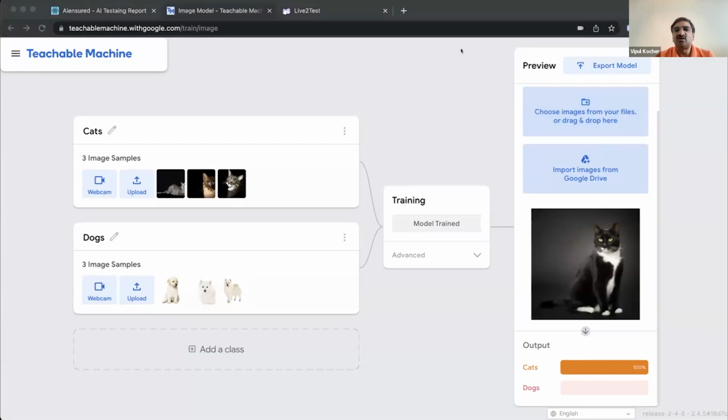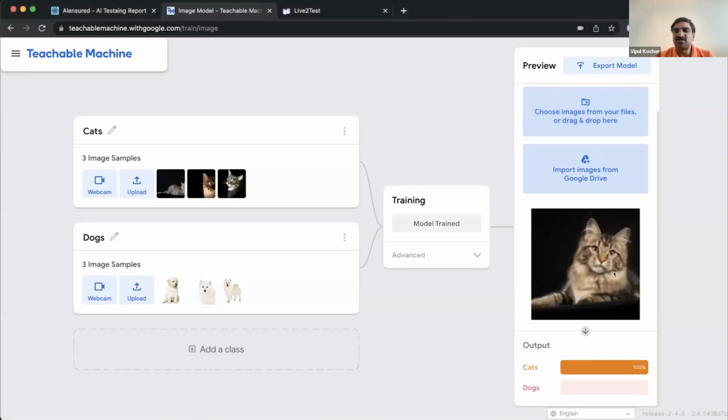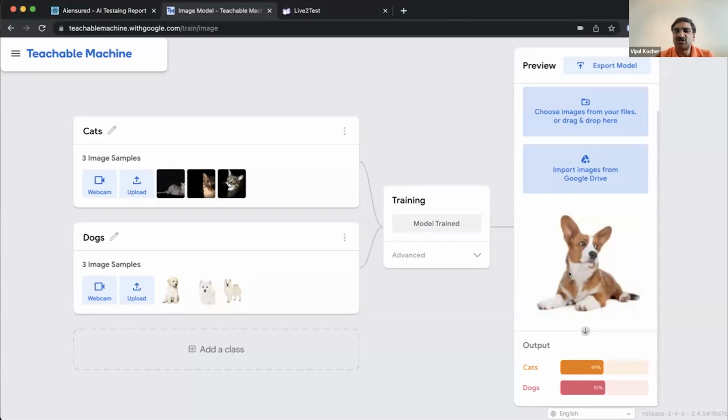So there are a lot of interesting things here related to cats and dogs, cats being recognized correctly, dogs not being recognized so correctly, isn't it? Oh, wow, 50% cat, 50% dog. Now, why is that happening?